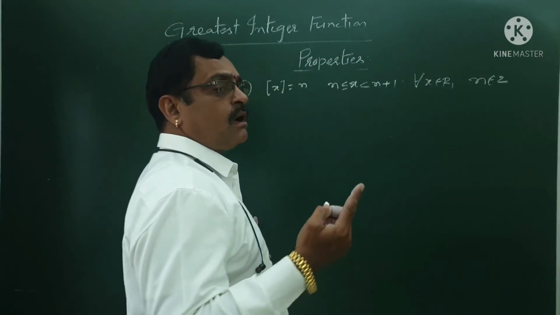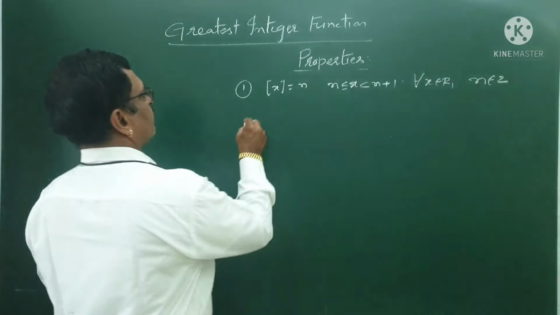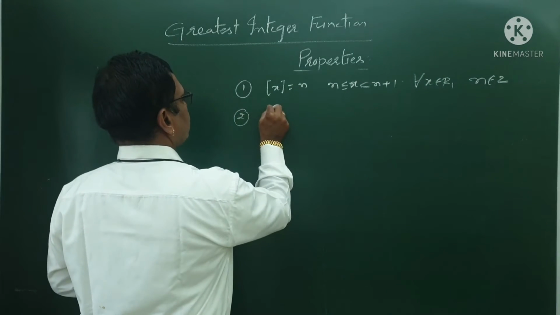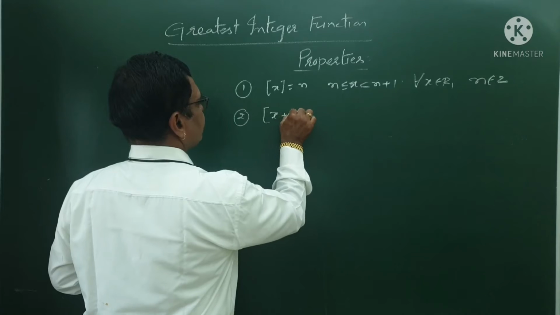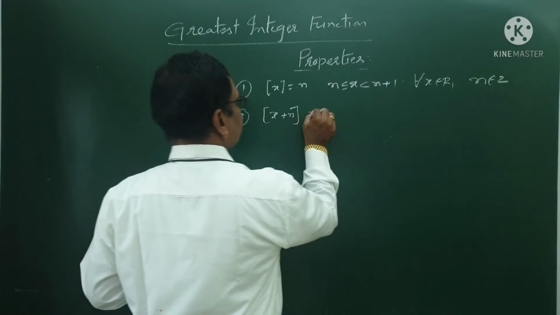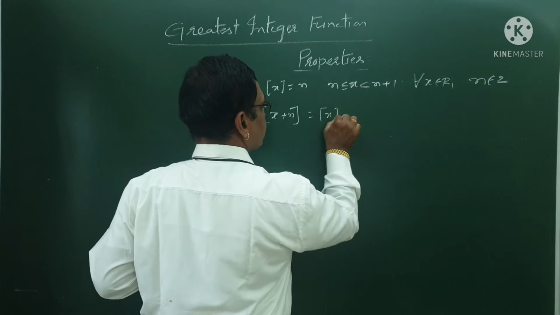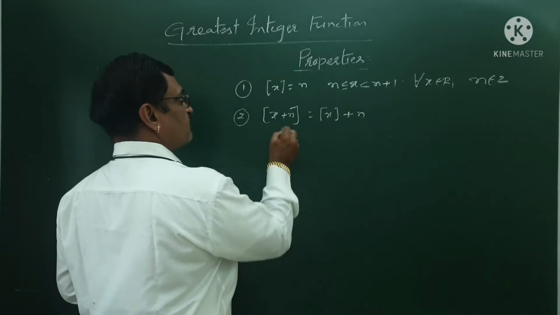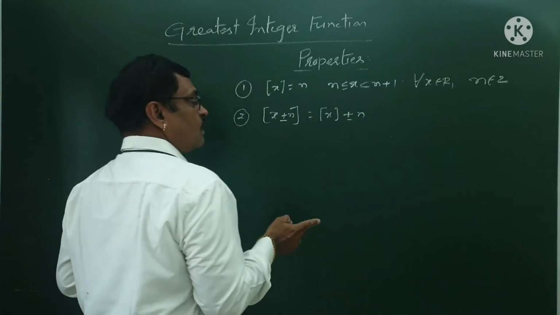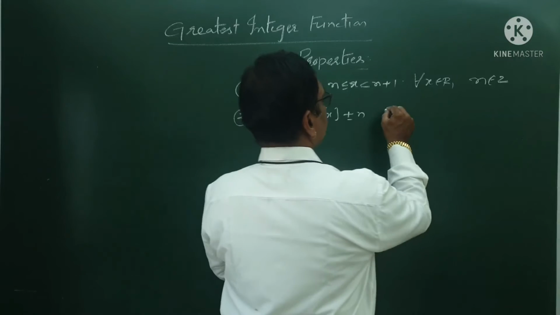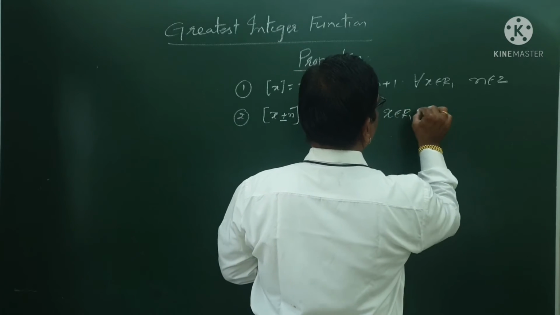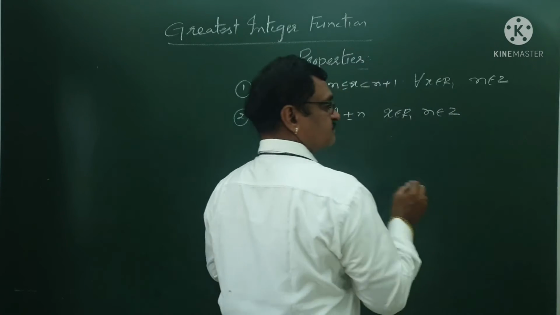It can be positive or negative. This is number one. Number two, the integral part of x plus n is equal to the integral part of x plus n. Of course, if it is minus, it is minus. Here x is a real number, whereas n is an integer.